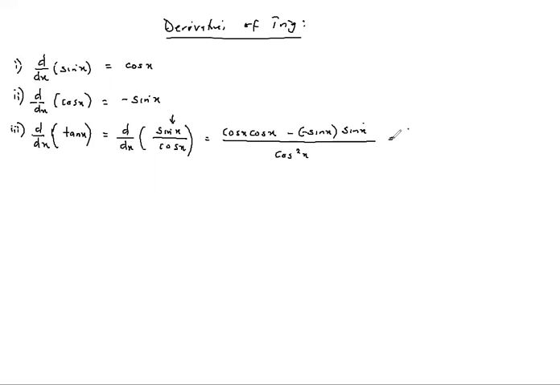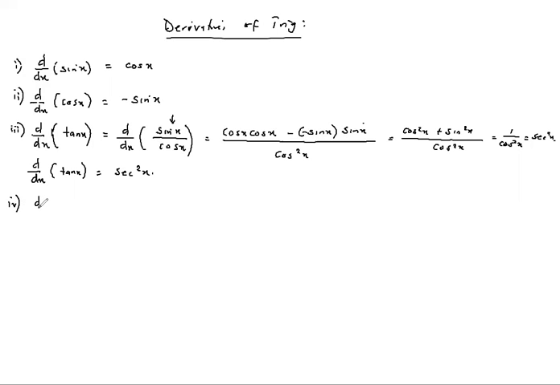So on top there, you see that you have cos squared x plus sine squared x over cos squared x. But that is just 1 over cos squared x, which is equal to sec squared x. So what we are saying is the derivative of tan x is equal to sec squared x.